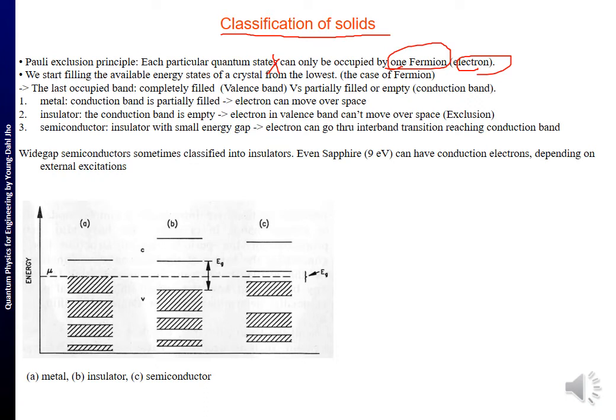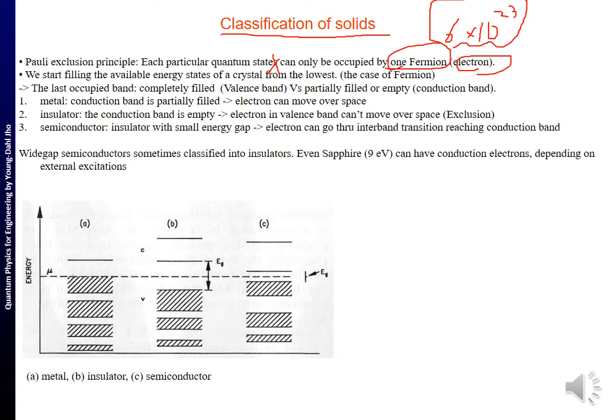So as I said, there are many energy states, and each energy state should be occupied by one electron. Then how many electrons do we have? Let's say we have 6 by 10 to the 23 electrons, for example. Then you should have 6 by 10 to the 23 energy states to fill the electrons.